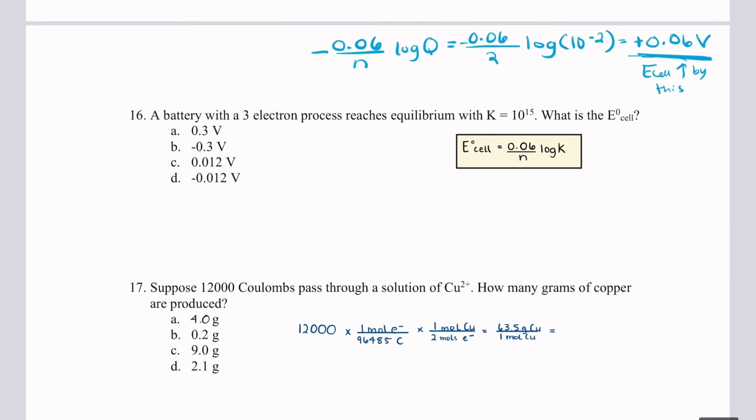Problem 16 says, a battery with a 3-electron process reaches equilibrium with K equal to 10 to the 15th. What is the standard cell potential? To answer this, we need to remember the connection between the equilibrium constant and the standard cell potential from our lectures.